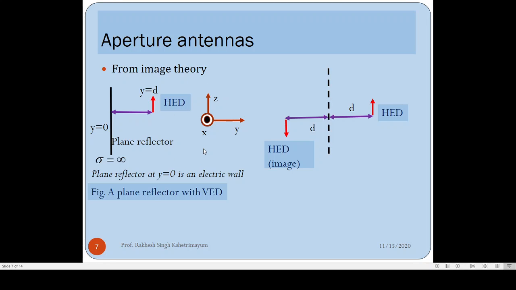This looks like a 2-element array, and the orientations of element 1 and element 2 are opposite. If I place a horizontal electric dipole along the positive z direction and another in the negative z direction at a distance 2d, what is the radiation pattern in this right half space? We can easily find out using antenna array theory.